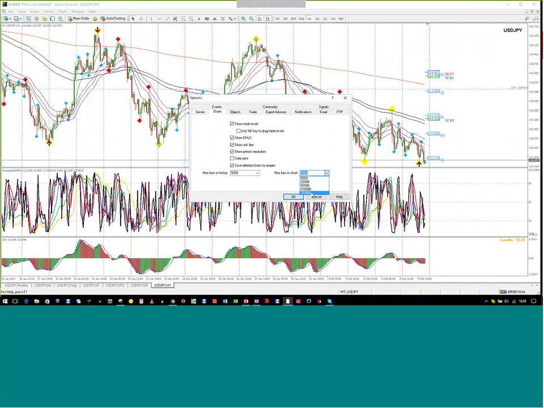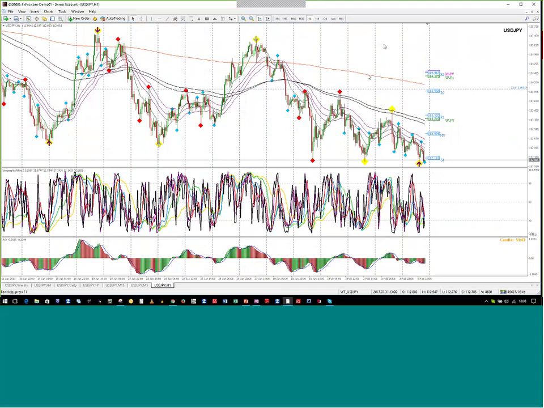And why that's important is that for every bar, for every tick, for every indicator, MT4 is recalculating.